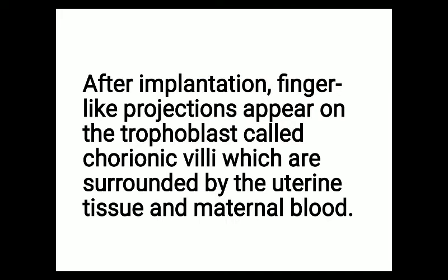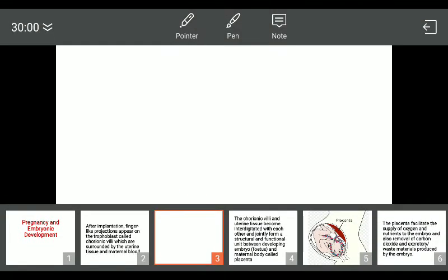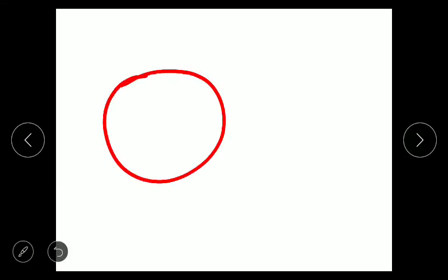So after implantation, finger-like projections appear on the trophoblast, called chorionic villi, which are surrounded by the uterine tissue and maternal blood. Try to recall the structure of the blastocyst. It looks roughly like this.